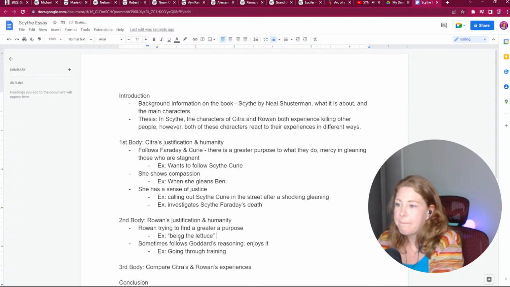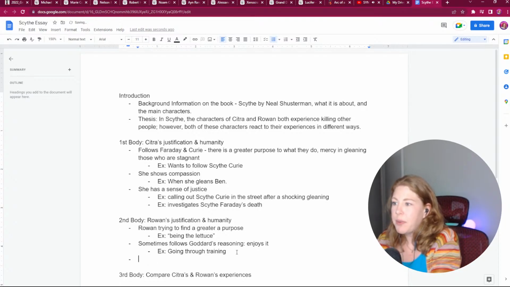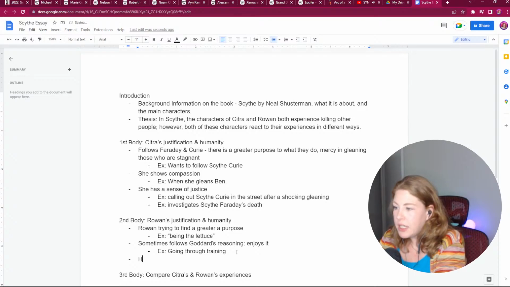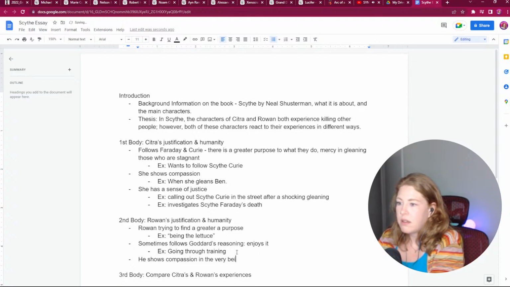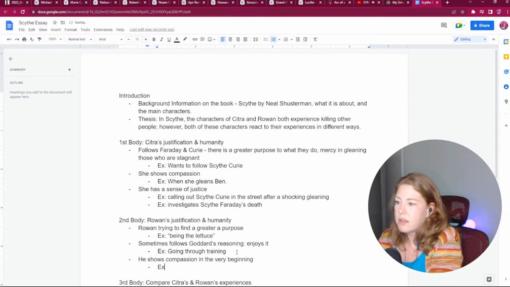Okay. And Rowan does keep his humanity. He shows compassion. In the very beginning, when he goes to Cole Whitlock's, goes to Cole's gleaning.